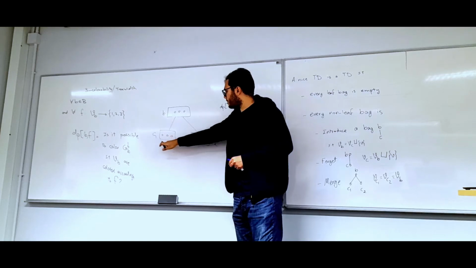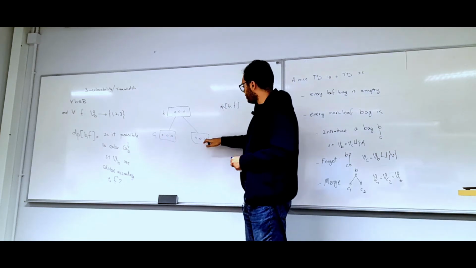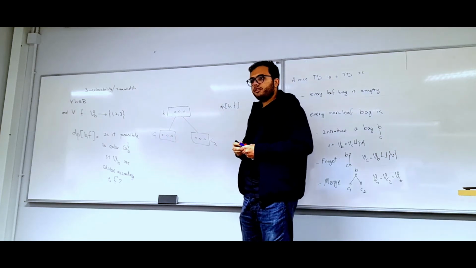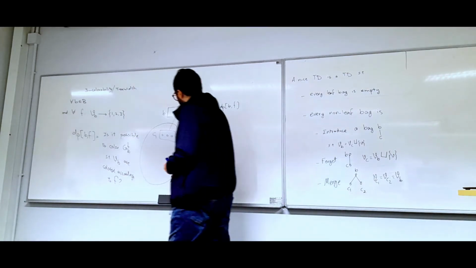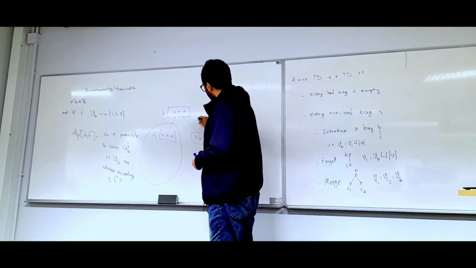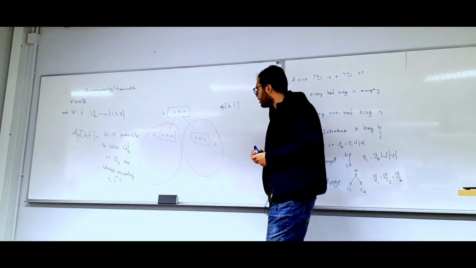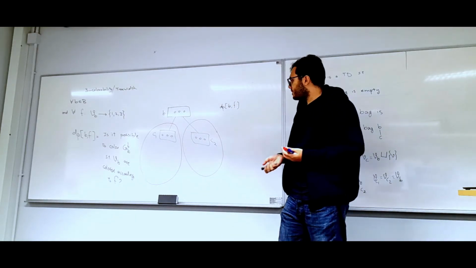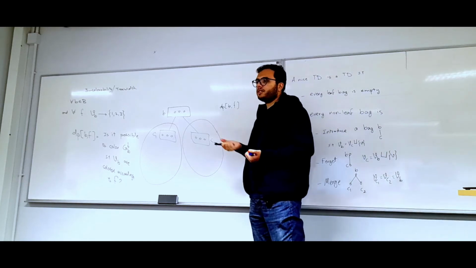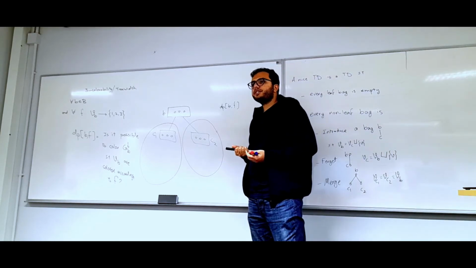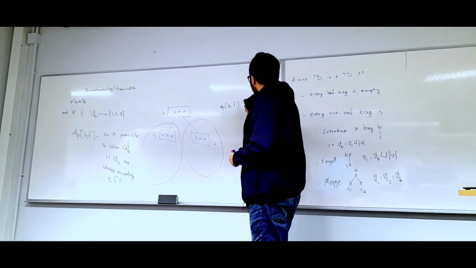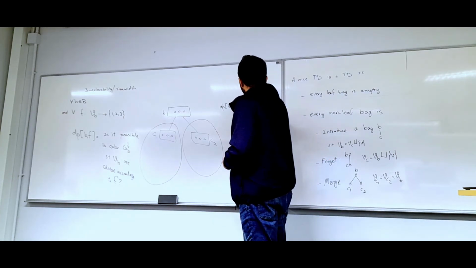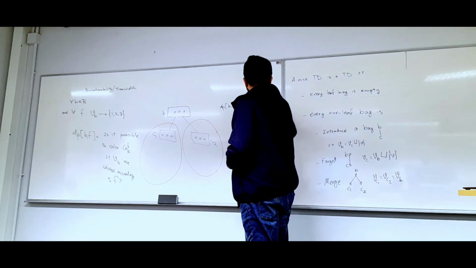But these are the same as the vertices here and the vertices here. So I know the color of all these vertices. Right? And then I have to consider the boundary graph that corresponded to this side and the boundary graph that corresponded to this side, but they don't have any vertices in common except for the vertices that are already colored by f. So I just have to figure out if I can color both sides correctly. So dp of B and f is just dp of C1 and f and dp of C2 and f.